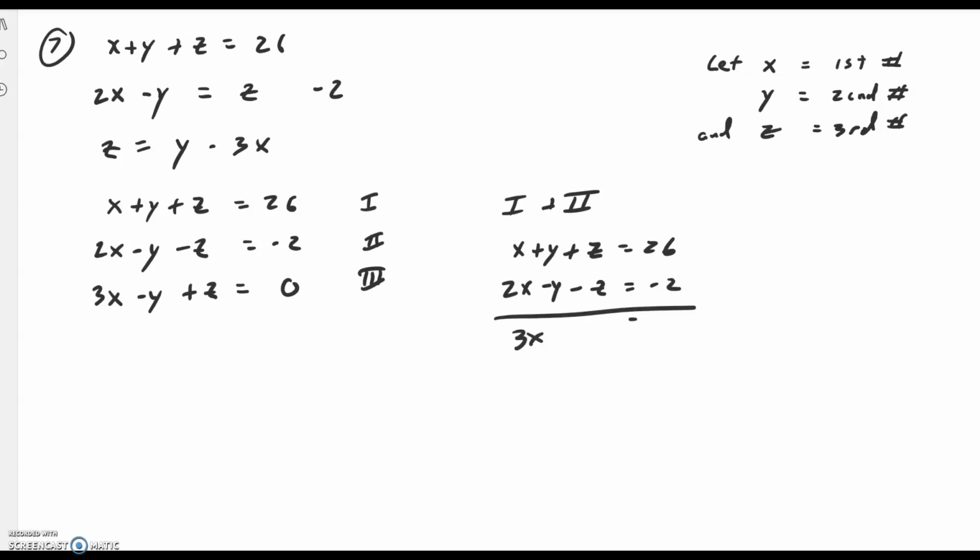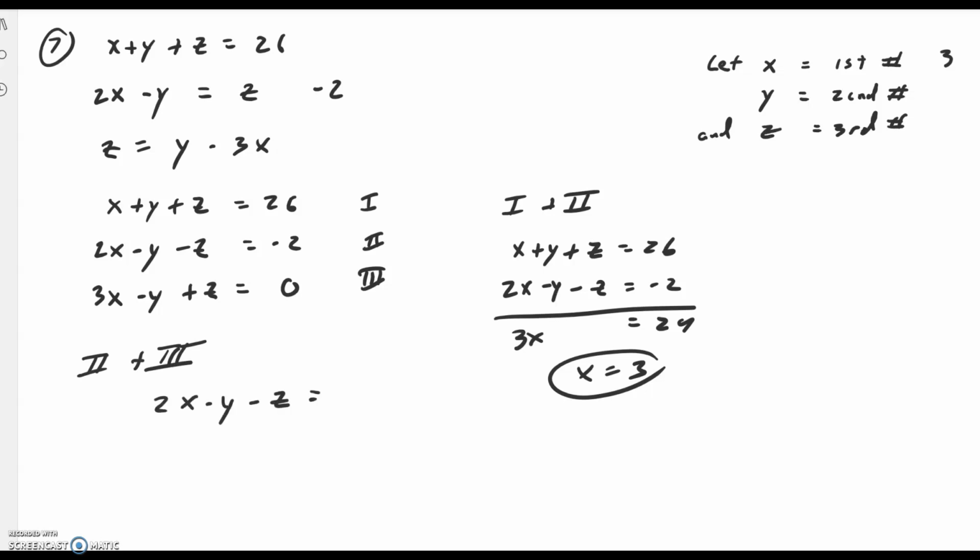We get 3x equals 24, so x is 3. That's a pretty nice situation. We know that the first number is 3, almost for free, but not quite. Now what happens if we try adding 2 plus 3? It looks like the z's are going to disappear, so let's check it out.